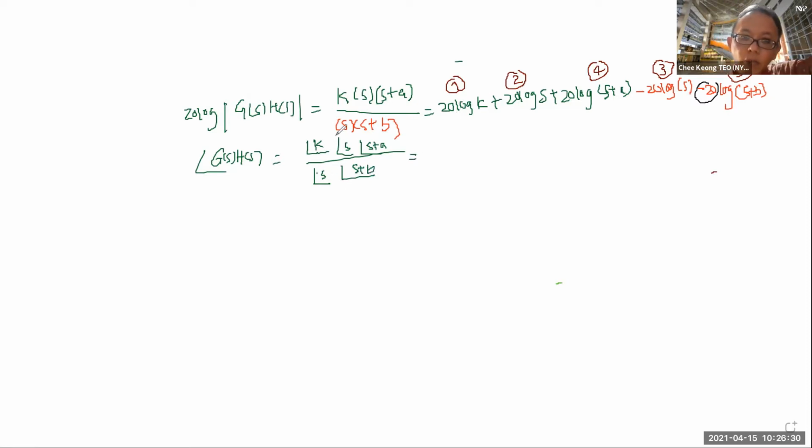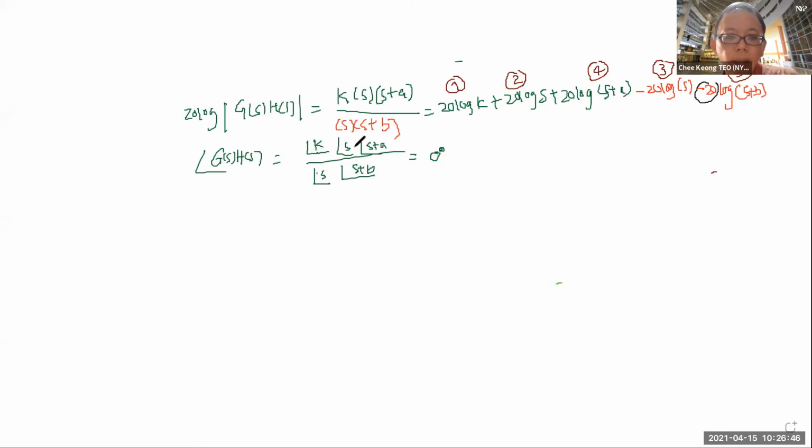Instead of 20 log, we are using the phase. Now the phase of K is usually 0, since it is a constant number. So the phase of K is directly 0 degree.